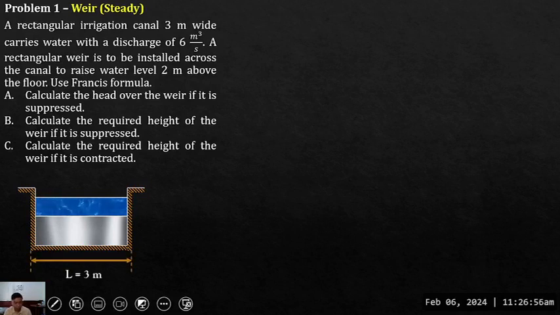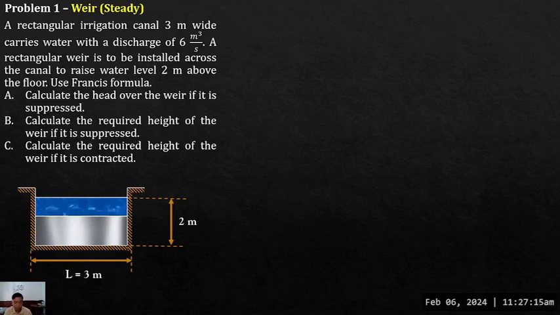Okay, so as mentioned, no, the canal is 3 meters wide. So ibig sabihin, ang clear length ng weir natin is also 3 meters. Yung Q naman is 6 cubic meter per second. So binigay dyan na yung water level is 2 meters above the floor. So lagay natin yung 2 meters.